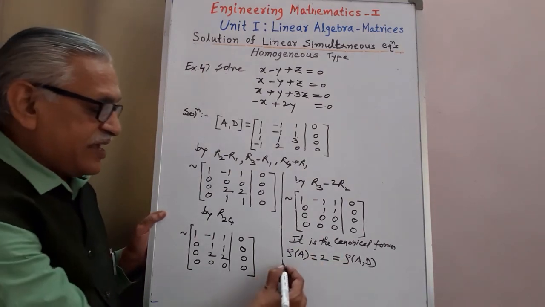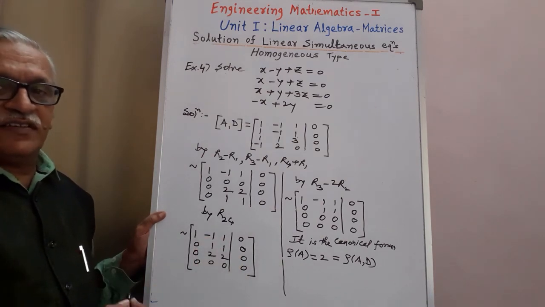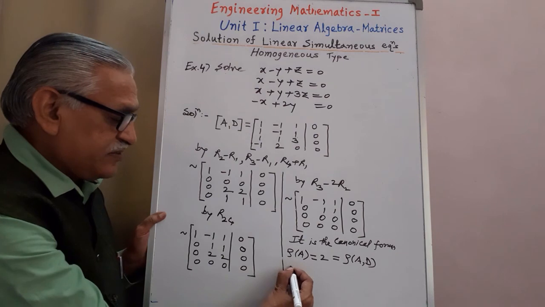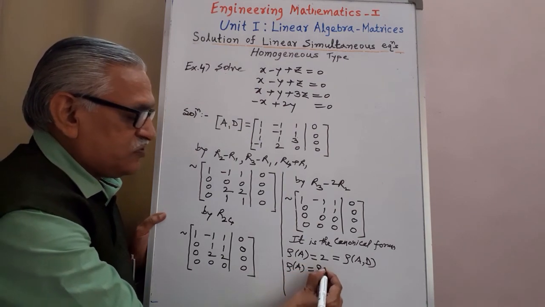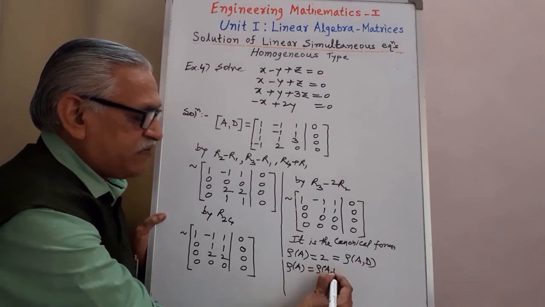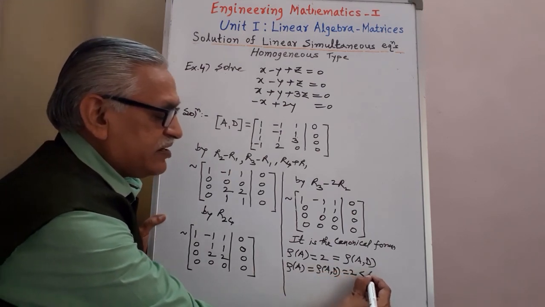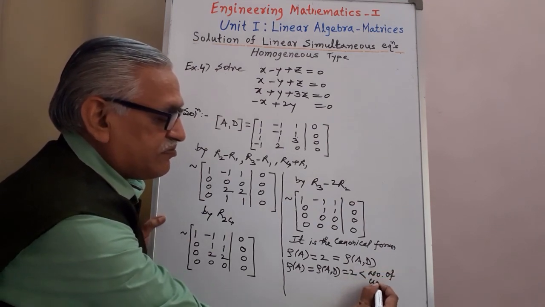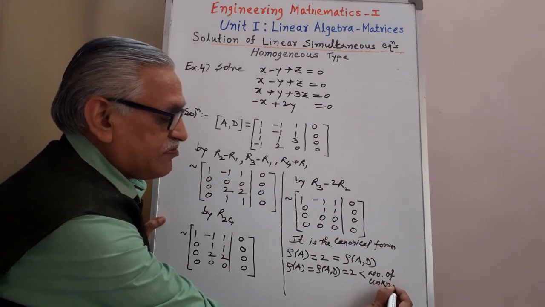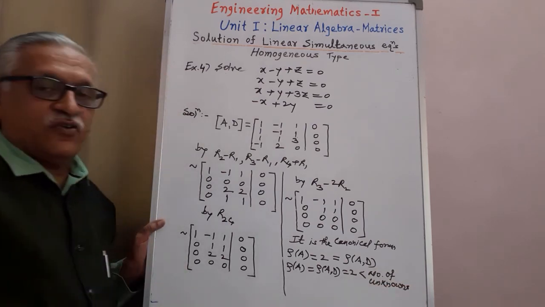Here these ranks are equal and less than the number of unknowns, as rank of A equals rank of augmented matrix equals 2, and that is less than the number of unknowns.